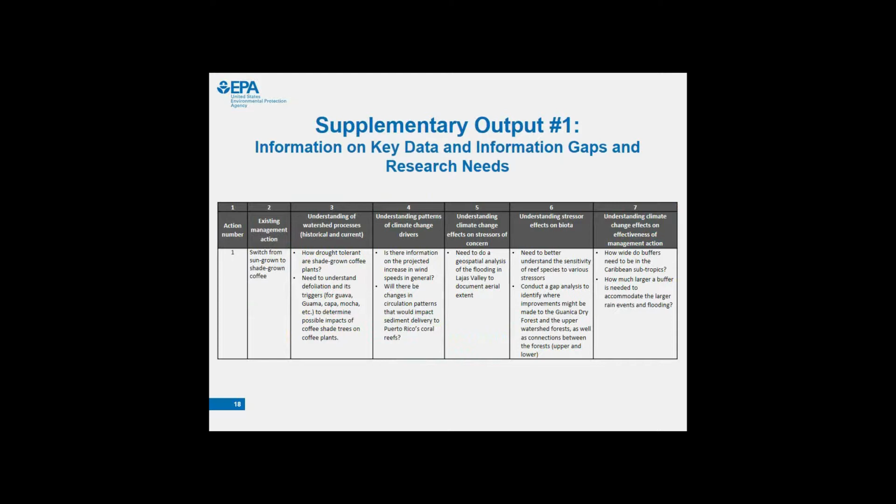How are climate drivers, column 4, relevant here? What do we know about projected increases in wind speeds? That can be really important for desiccation as well as physical stress. What will be changes in circulation patterns?